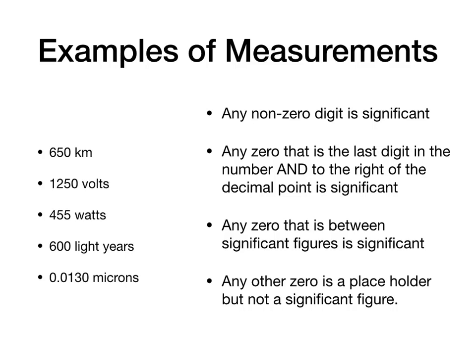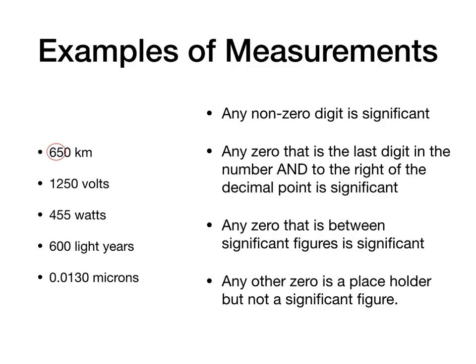Here are some measurements: 650 kilometers, 1250 volts, 455 watts, 600 light years, 0.0130 microns. Let's go through each one of them and figure out how many significant digits there are. In that first one, 650 kilometers, let's run down the rules. Any non-zero is significant, so the 6 and the 5 are significant digits.